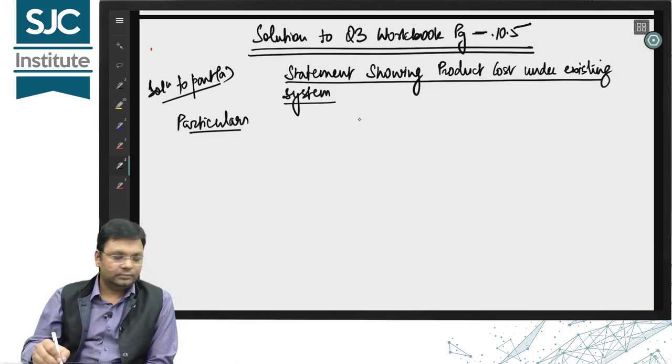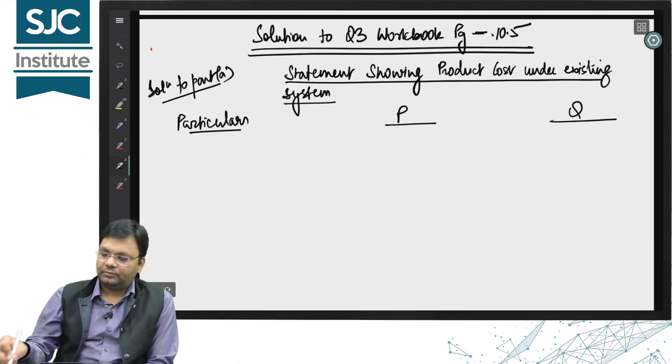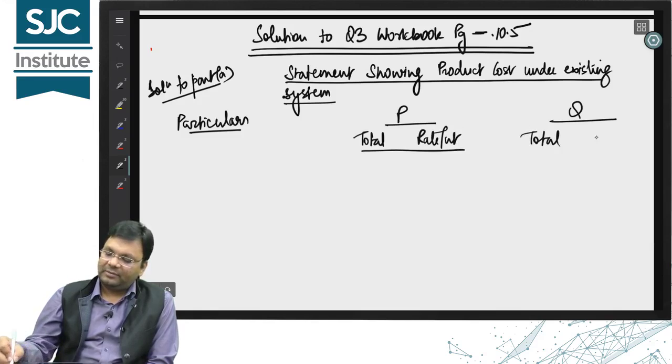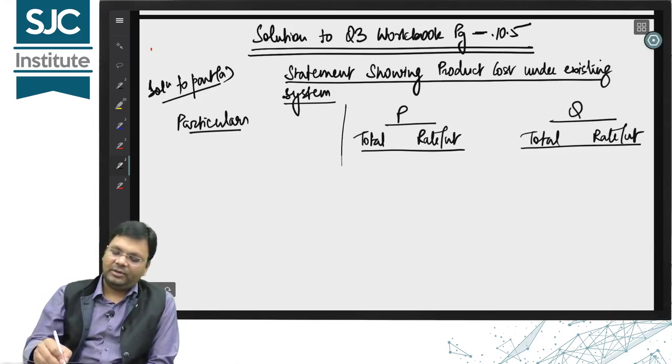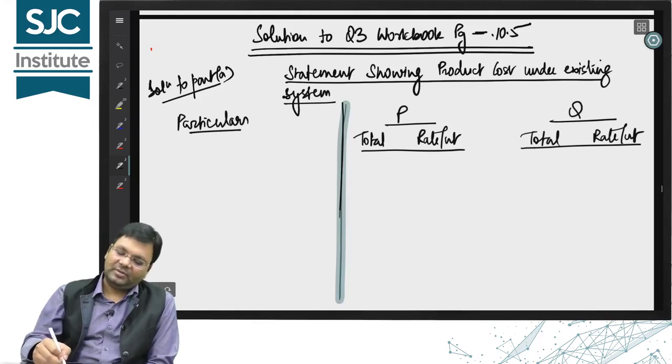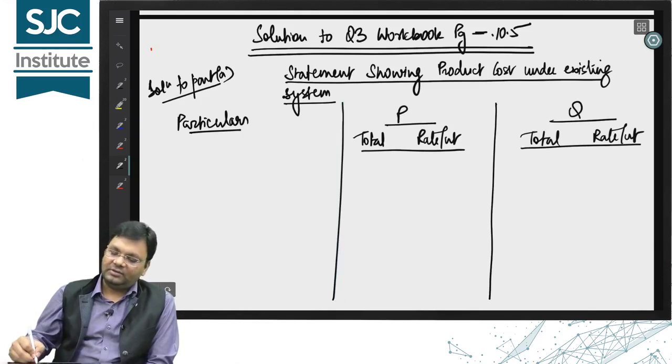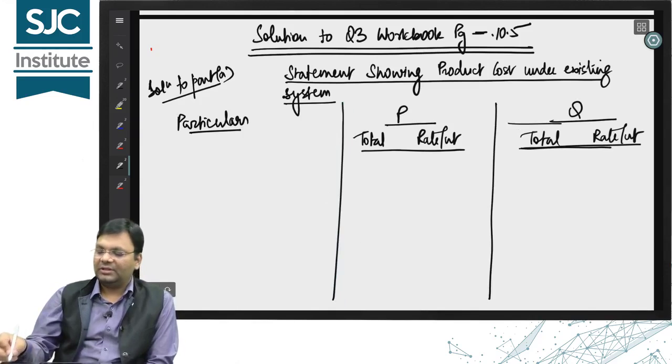Particulars: product P, product Q. Let us have two columns, total and rate per unit. Usually any cost statement should have both total and rate per unit, but many times you may have just the rate per unit column, or as per question requirement just the total column. I prefer both. It simplifies our calculation usually.